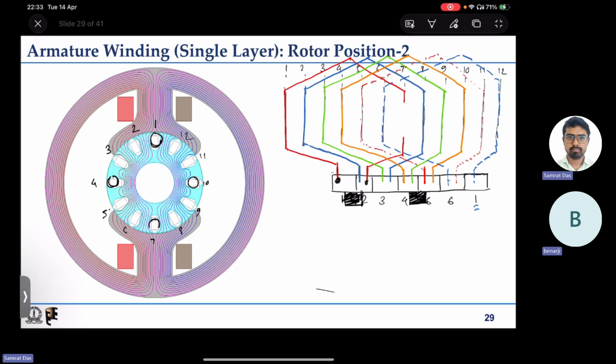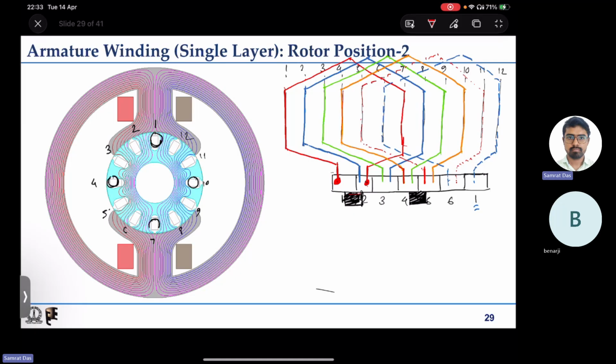You can see that the red one, this terminal, commutator segment 1 and commutator segment 2, they are getting shorted, but this coil actually has the maximum EMF. The other coil that is getting shorted is actually coil 4.